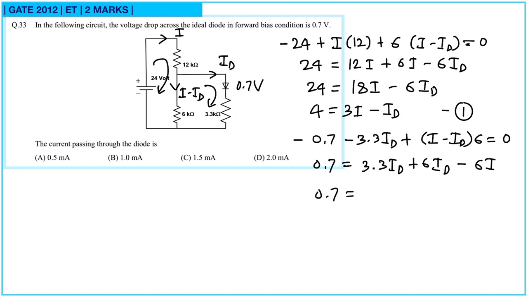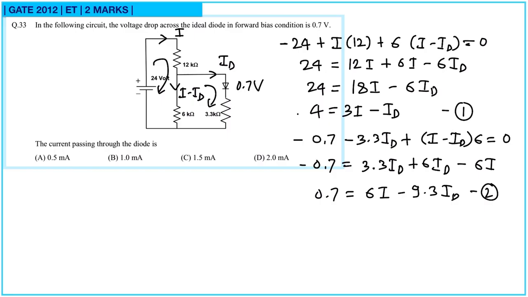So 0.7 is equal to, this will be minus 7, so this will be 6I minus 9.3 ID. So we have two equations that we have to solve.